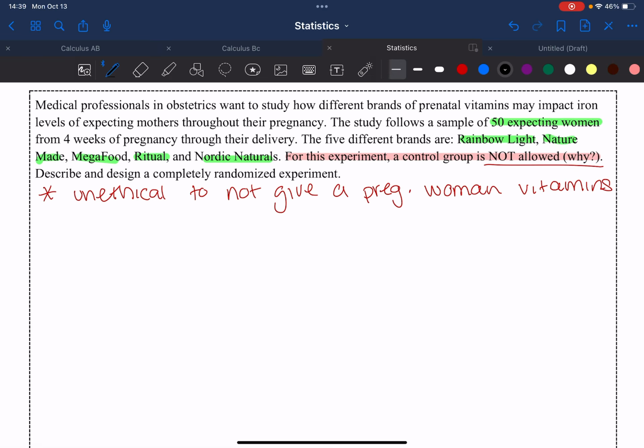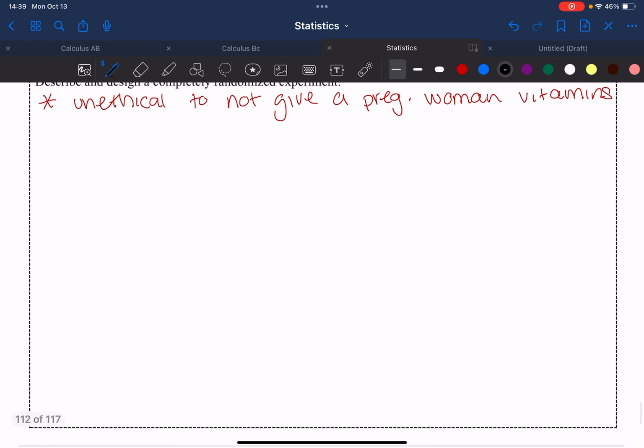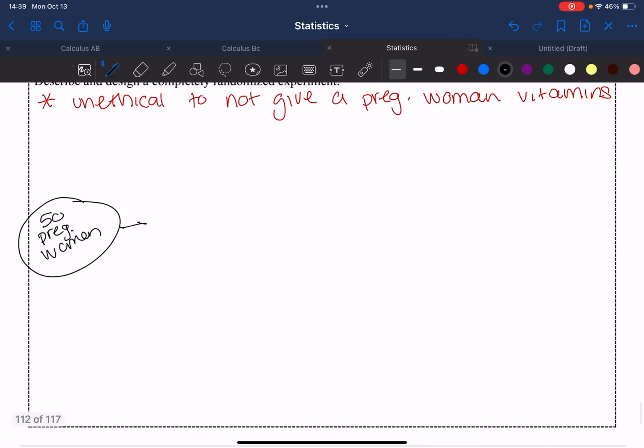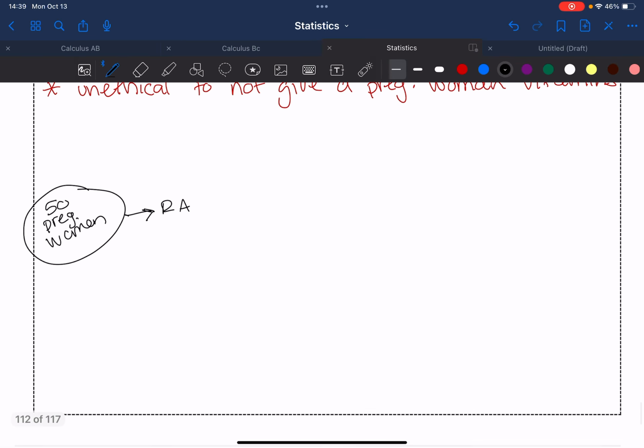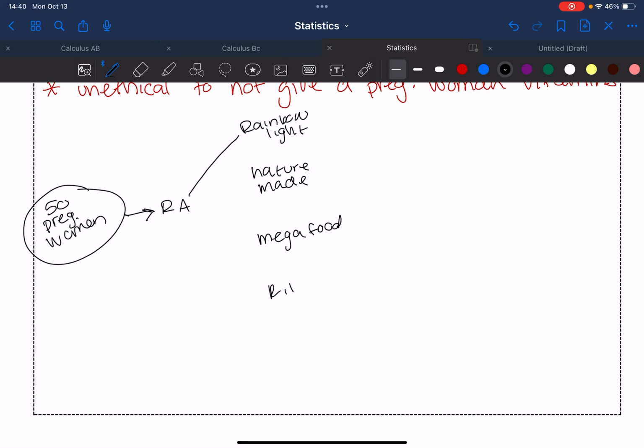So now let's talk about our design. First we have our 50 pregnant women. Okay, I am going to randomly assign them to each of the 5 groups. So I have Rainbow Light, Nature Made, Mega Food, Ritual, and Nordic Naturals.